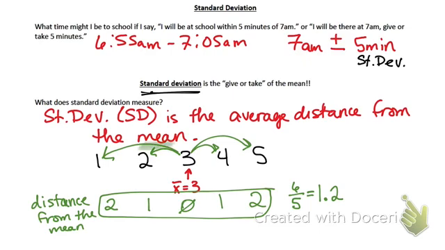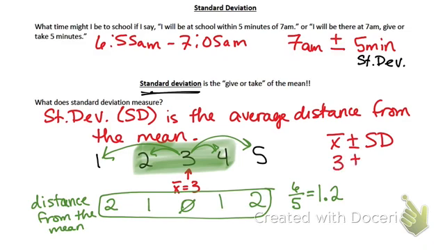Notice, please, that the majority of the data is within one standard deviation. Okay? So my X bar plus or minus my standard deviation would be 3 plus or minus 1.2. And the standard deviation tells me what is a typical deviation from the average.